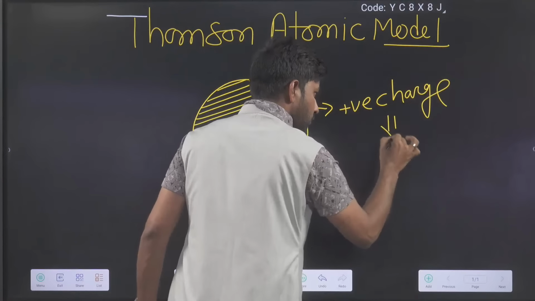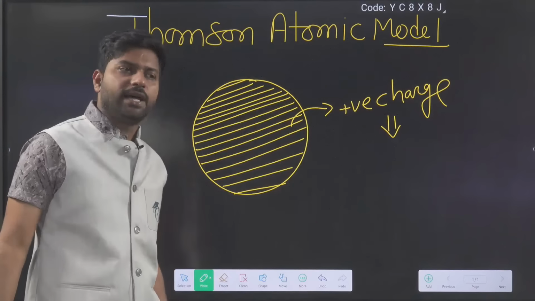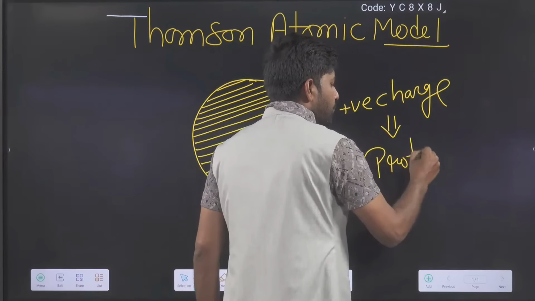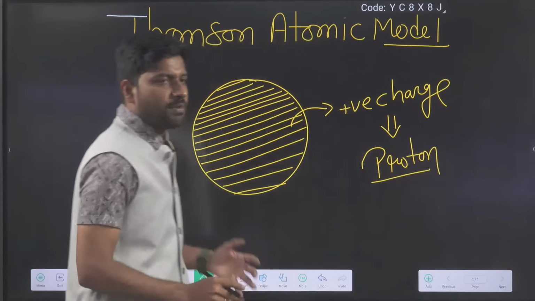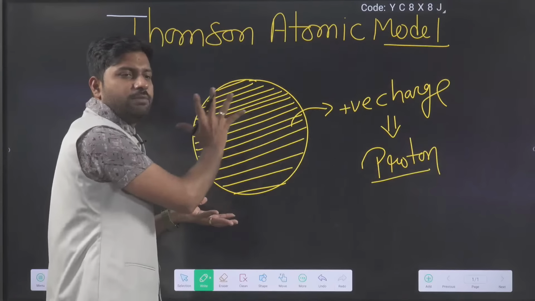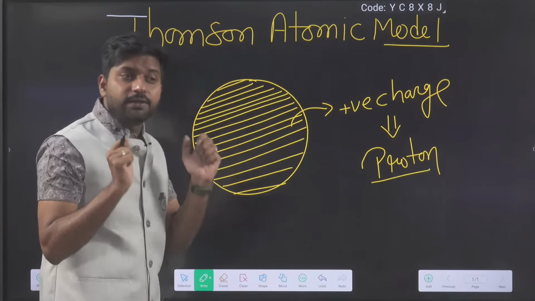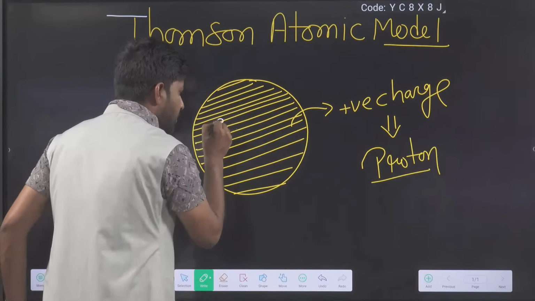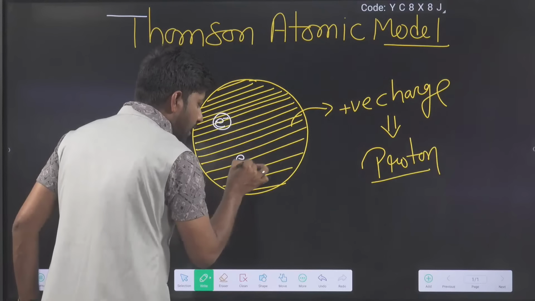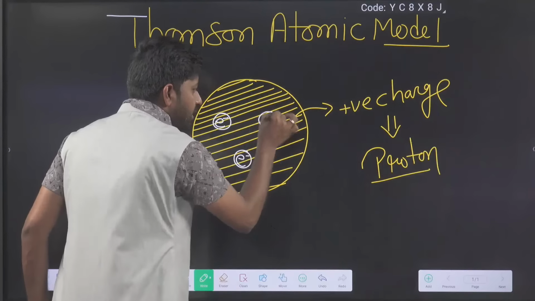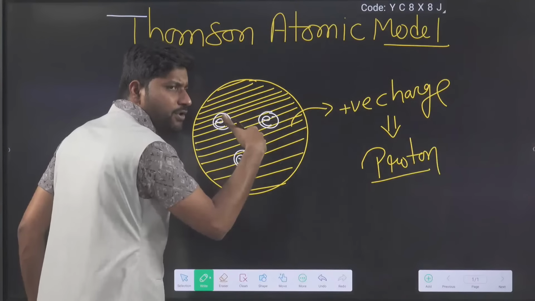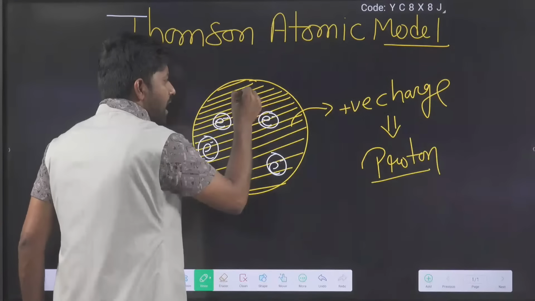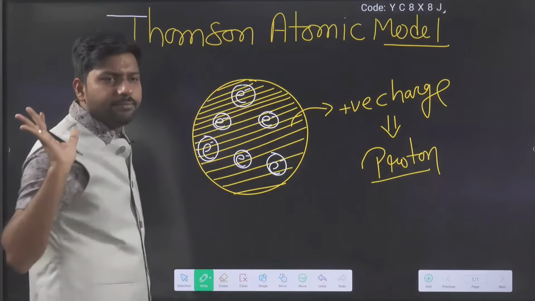We all know who is the positive charge inside the atom, so we can say proton. So protons, the positively charged particles, are uniformly distributed, and negatively charged particles, means electrons, are embedded, means fixed, trapped, you can say, inside that positive part randomly.